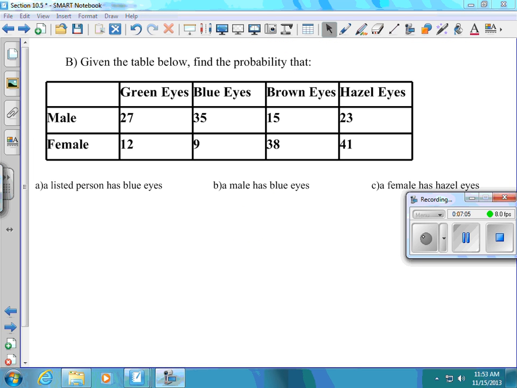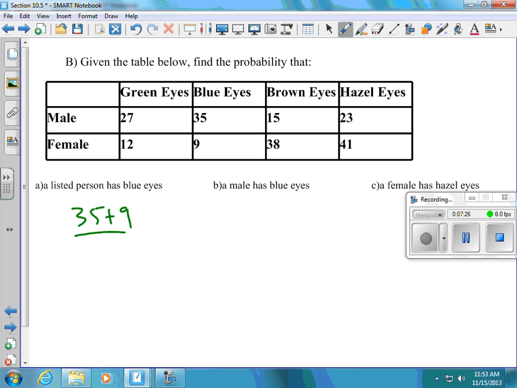Okay, so here's another situation. Maybe you're given a table of data, and you're going to be asked to find probability given some situations here. A listed person has blue eyes. Well, there are 35 males with blue eyes and 9 females with blue eyes. So 35 plus 9 out of, well, how many total people are in this list?